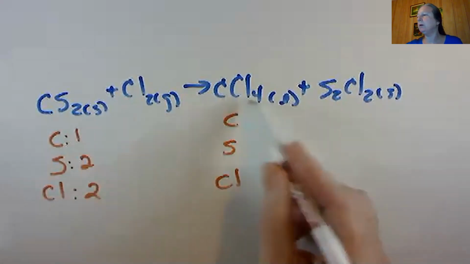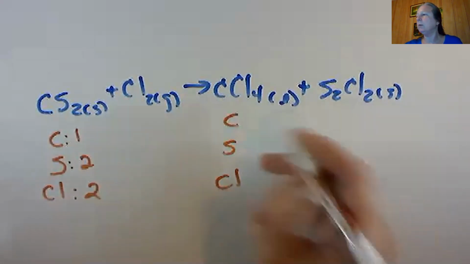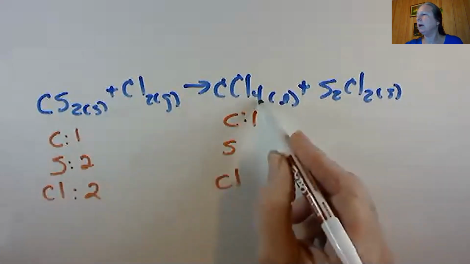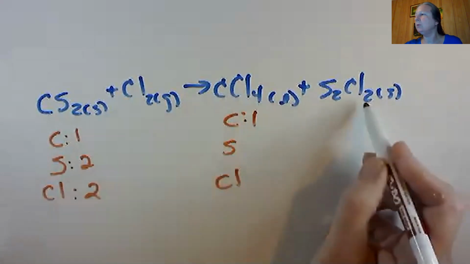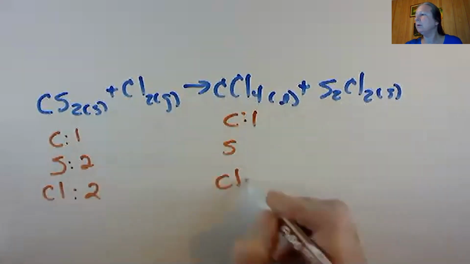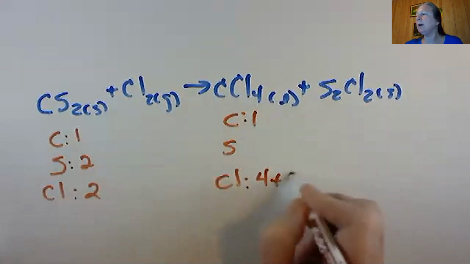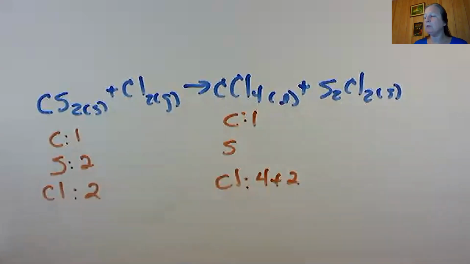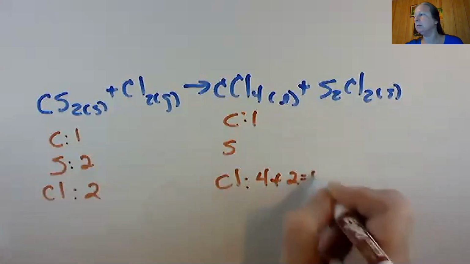What about over here? I have 1 carbon. I have 4 chlorines here and 2 here. And when I have that, I write it out separately so that when I have to balance, I know I have 2 different molecules to balance. It makes a difference.